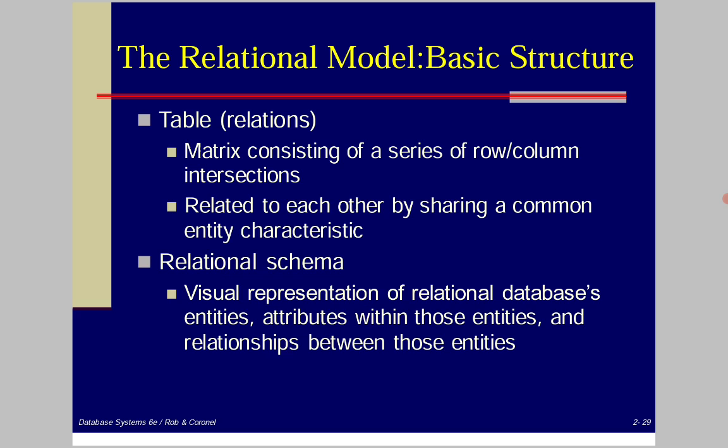So a relation is represented by using a table in matrix form, having some rows and columns, and related to each other by sharing common entity characteristics. So a relation has more characteristics or properties in it.